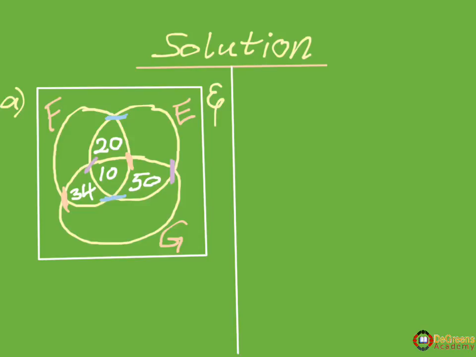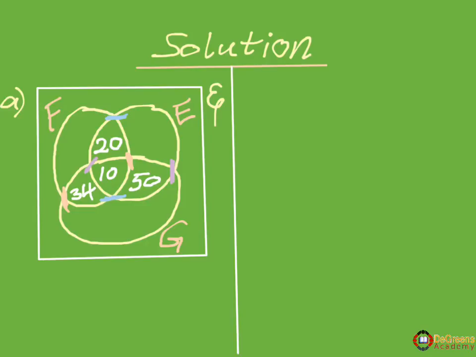The next sentence is 67 study French. 67 study French means when you add everything within the circle for French, you should have 67. So adding the values already filled in the Venn diagram, you have 20 plus 10 gives 30. 30 plus 34 gives 64.